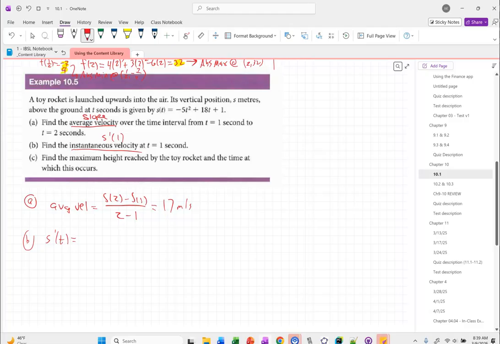What's the derivative of negative 5t squared plus 18t plus 1? Negative 10t plus 18? Yes, that would be the answer. So when I plug 1 into that, I get 8 meters per second.